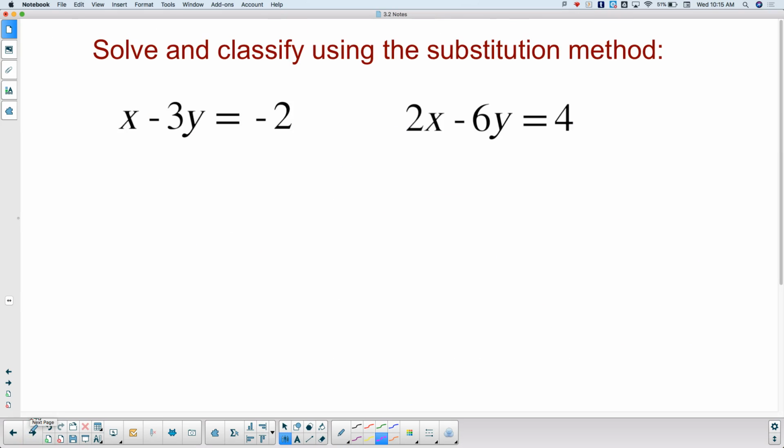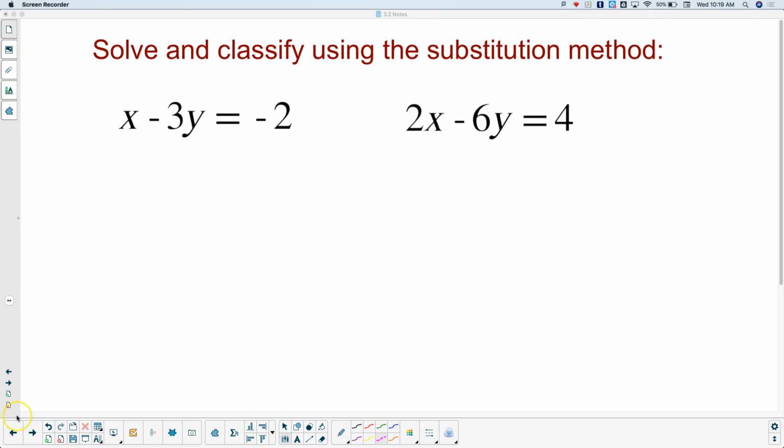Solve and classify using the substitution method. Okay. All right, so solving via substitution has different steps. My first step is what? Solving with substitution. First step. So I've got to solve one of the equations for one of the variables.